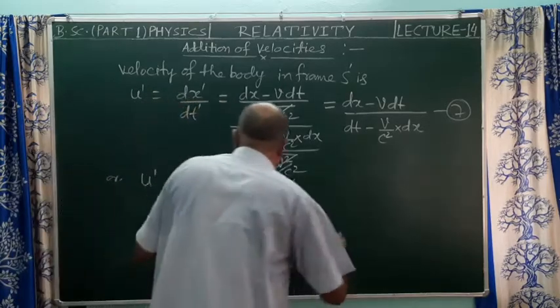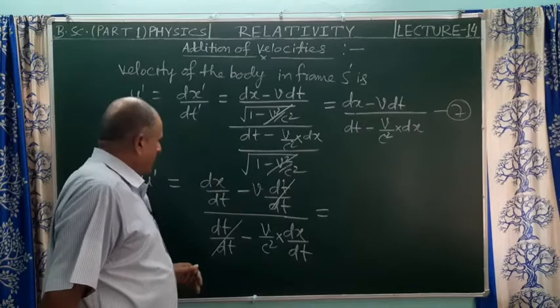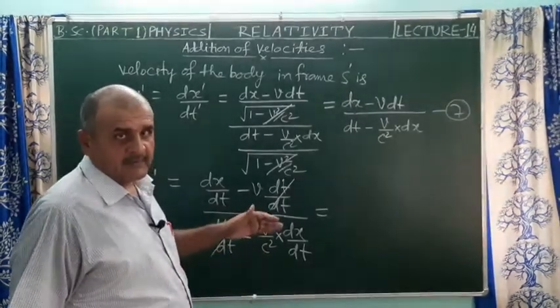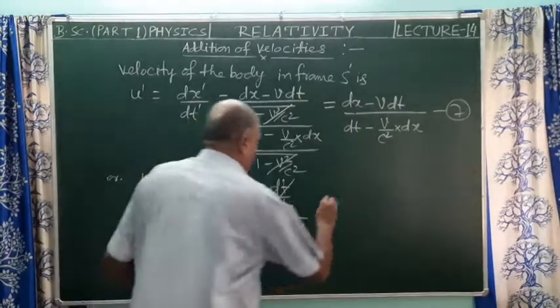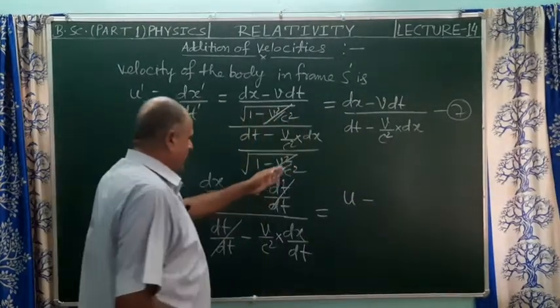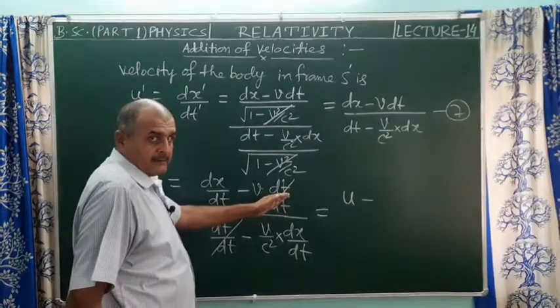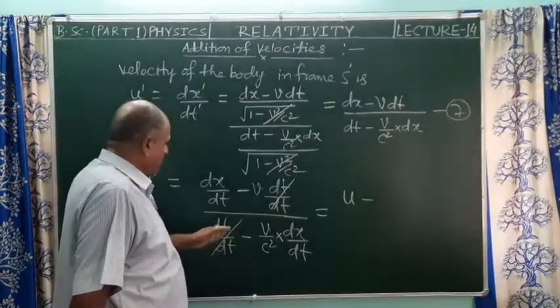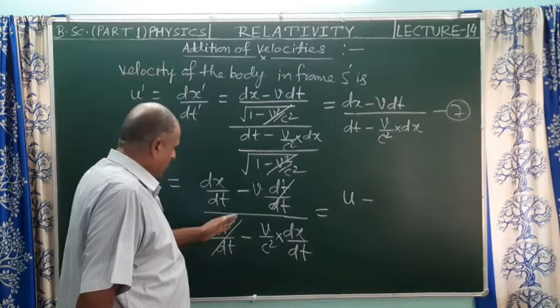So we have dx by dt equals the speed of the object in frame S. So we can write dx by dt as u, and dt by dt is cancelled out in the second term of the numerator, and in the first term of the denominator also dt by dt is cancelled out.